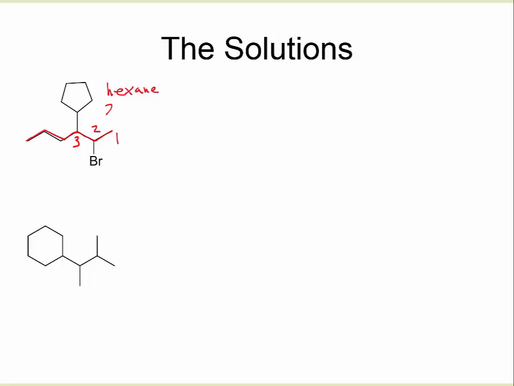So I'm going to have 2-bromo as a portion of the name. And I'm going to have 3-cyclopentyl as a portion of the name. Putting that all together, I have 2-bromo, alphabetized by the B, 3-cyclopentyl, alphabetized by the C, hexane.